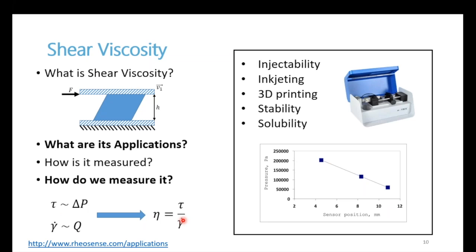So we have a few products that are all powered by this technology. MVROC will probably be our most versatile R&D unit, viscometer. Microvis is our small portable unit that is very good for on-site measurements or quality control purposes.